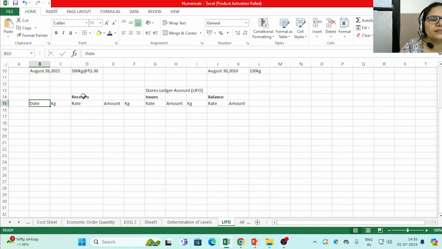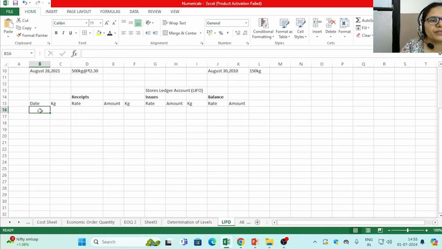Then write date, receipts, issues and balance. Receipts will be noted in kilograms, that is units, rate and amount. Similarly, issues will be noted in kilograms, rate and amount. Balance will be noted as kilograms, rate and amount.